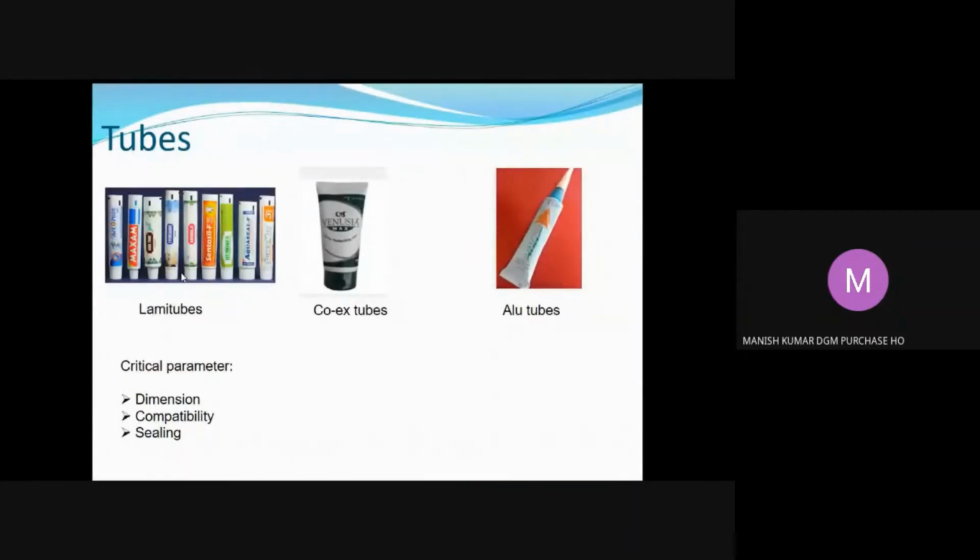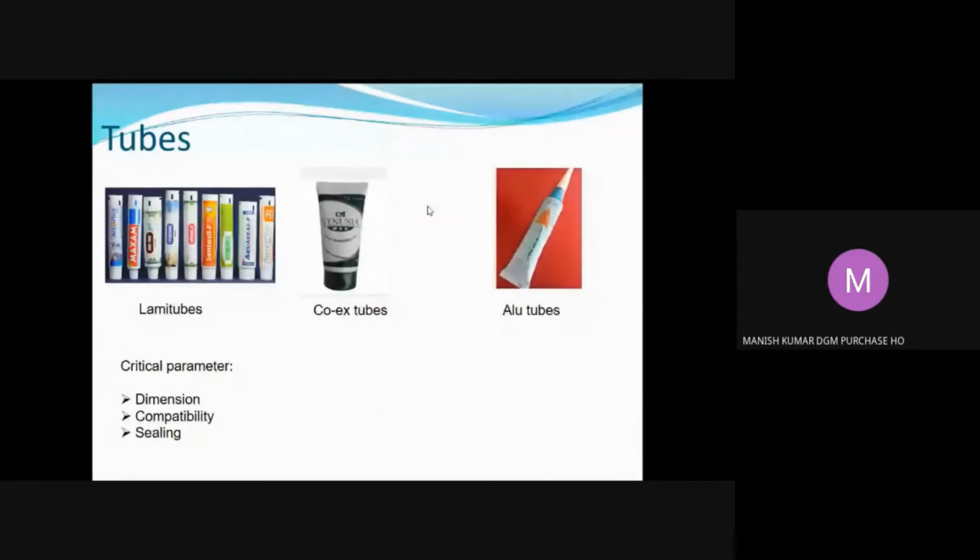Still, there are products which are very compatible with aluminum, or not compatible with laminated tubes, so we are still using aluminum tubes. Co-extruded tubes are normally used for creams and lotions which are less sensitive to oxygen and moisture.